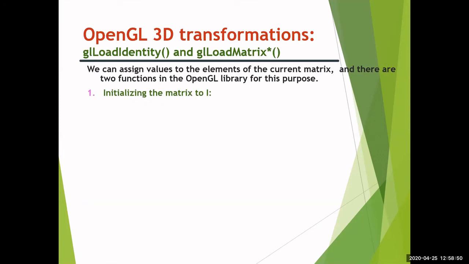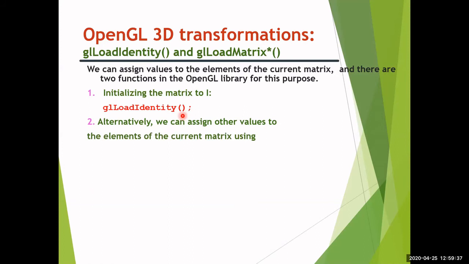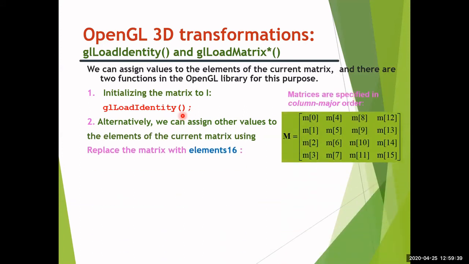One is glLoadIdentity and the other is glLoadMatrix. glLoadIdentity initializes the matrix to the identity matrix by calling the function glLoadIdentity. Alternatively, we can assign other values also. This is just assigning the identity matrix. If you want to assign a separate matrix to the current matrix, then I will use the function glLoadMatrix.